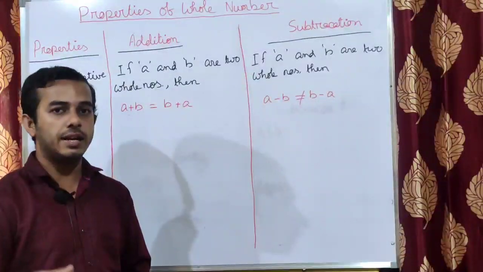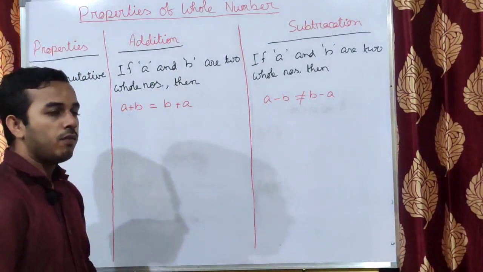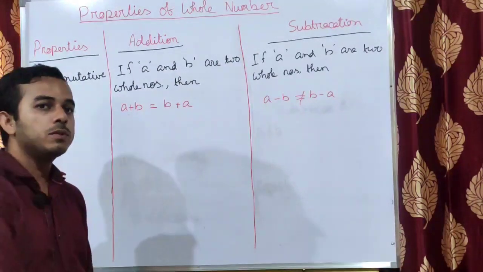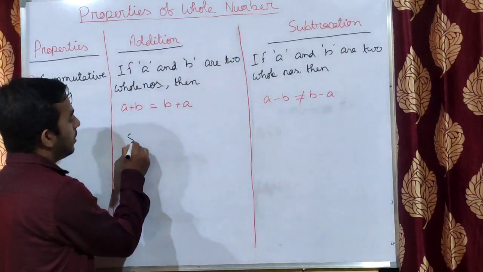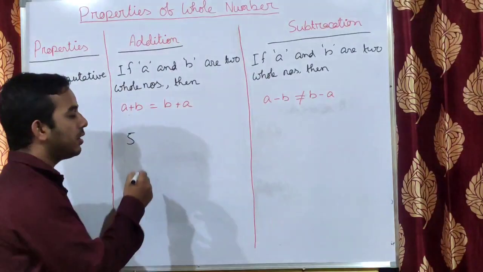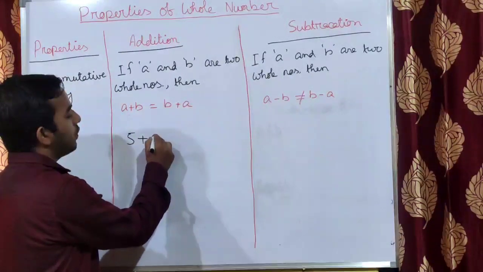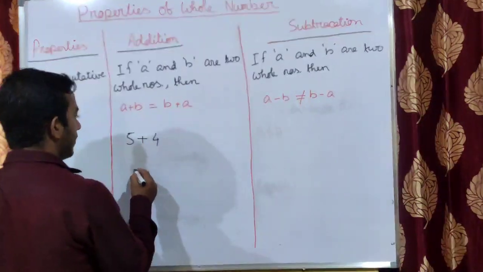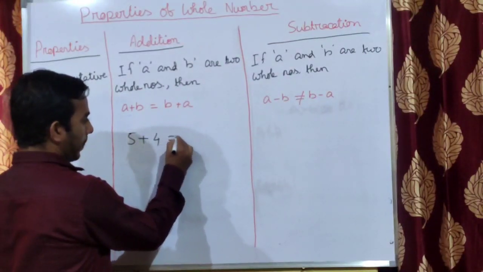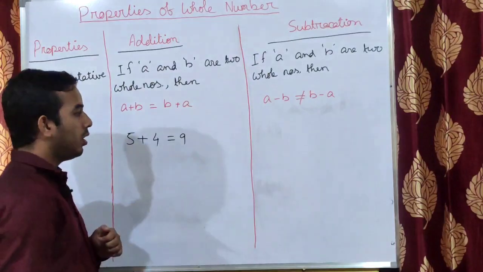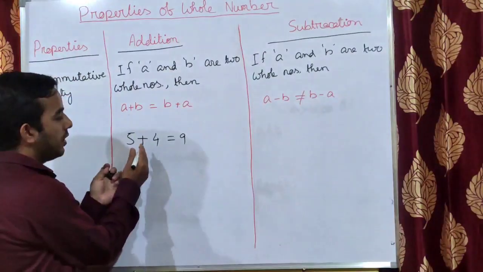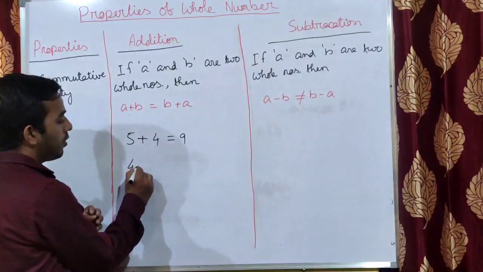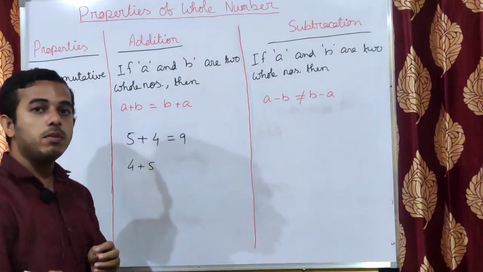To understand this, let us take one example. Let us consider two whole numbers, suppose a as 5, right, and b as suppose 4. The result will be what? The result will be 9, right? Now when we rearrange their places, that is, we have taken 4 to this side and 5 to that side, so 4 plus 5, the result will be what?